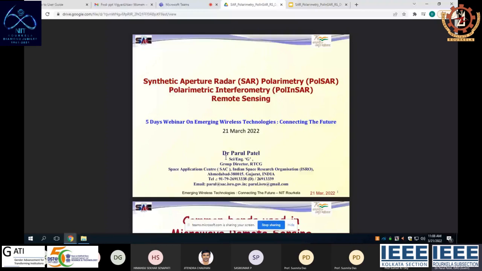You get somewhat similar information on a synoptic view of the Earth's features. But microwave has one feature, which is penetration. That's why penetration through clouds is possible. You are all aware that for communication we use microwaves for that very reason.